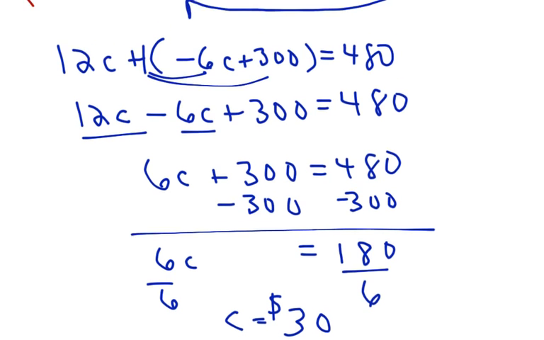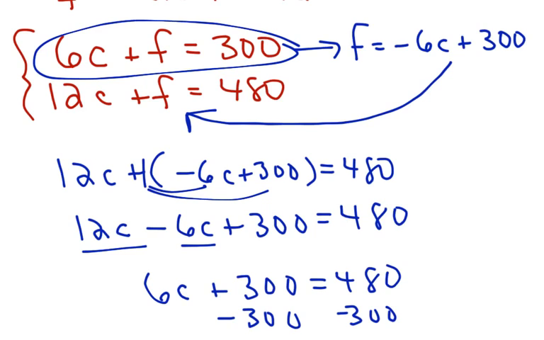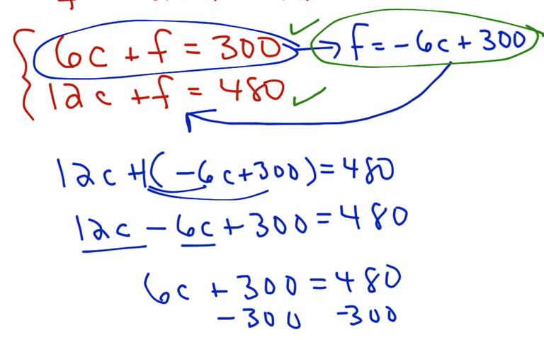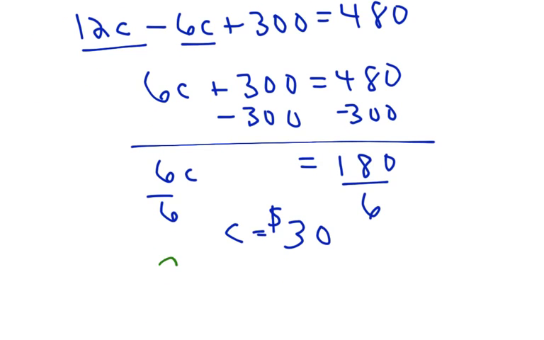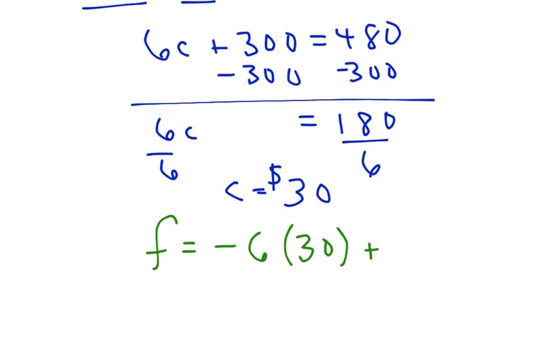Well, now that I know the cost is $30, the easiest way to find the one-time fee is to plug back into this equation. Except I could plug into either of these and get the same exact answer. So the fee is negative 6 times c, which is 30, plus 300. Negative 180 plus 300.